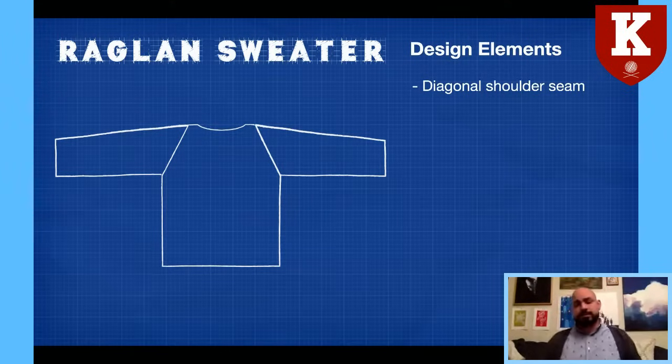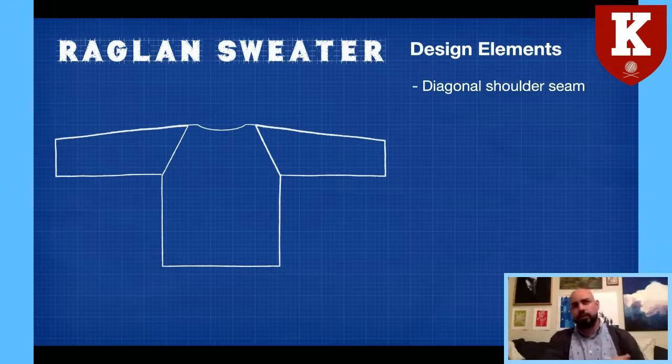And so it didn't really draw any attention to itself. You will see this most commonly in a baseball jersey, where they'll have a separate sleeve in a different color. One thing that I really like about the Raglan sweater is that you can do cool designs along the seam in the shoulder, and they become a design element.